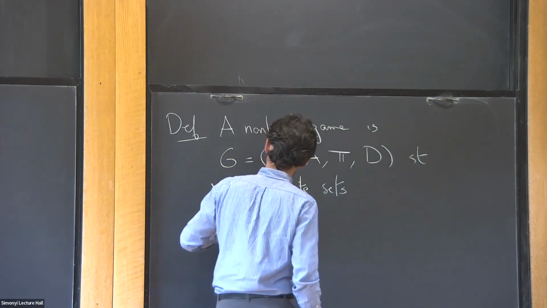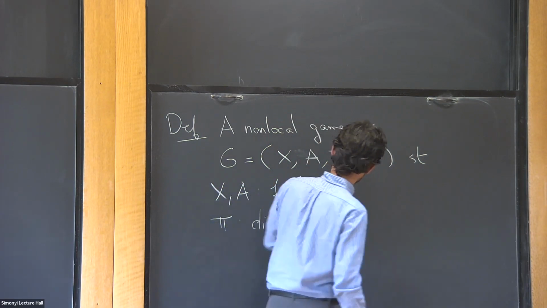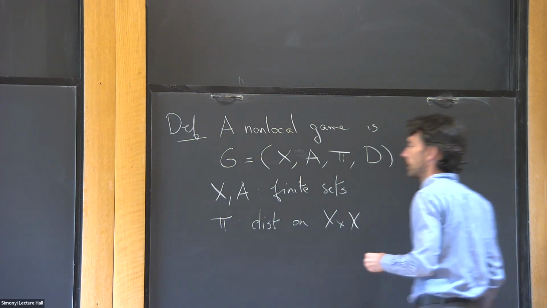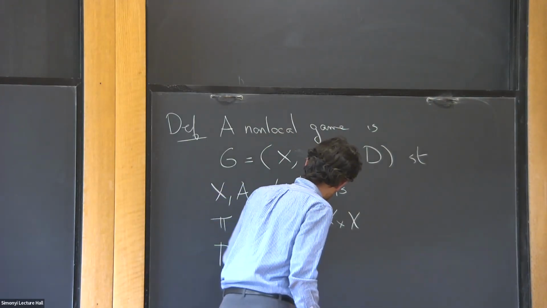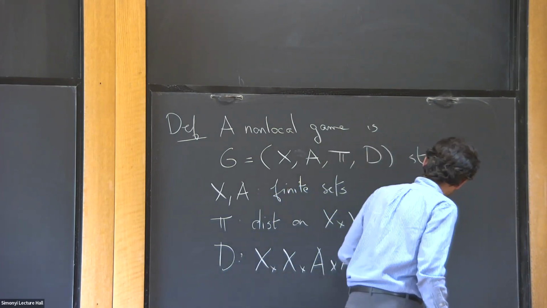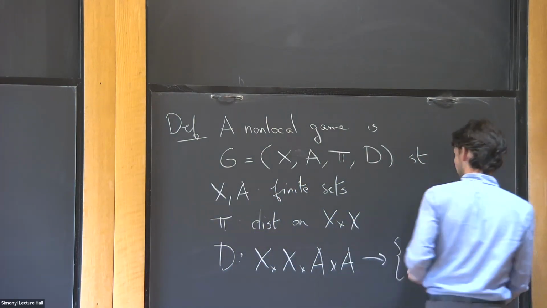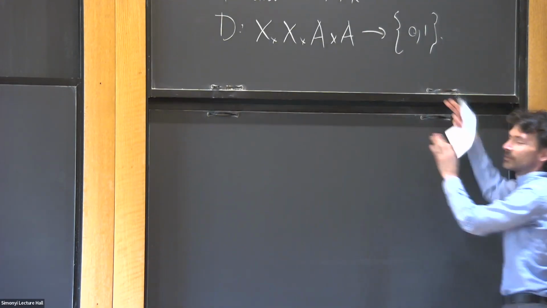Pi is a distribution on the Cartesian product of 2 copies of X, and D is a function from X cross A to 0, 1. So that's a game, okay?